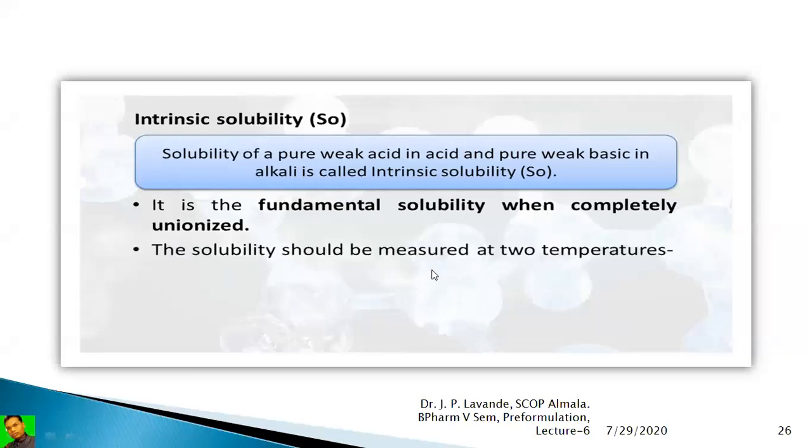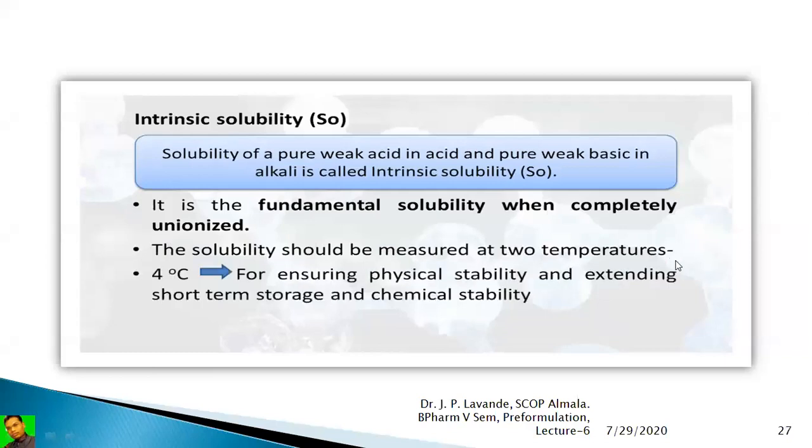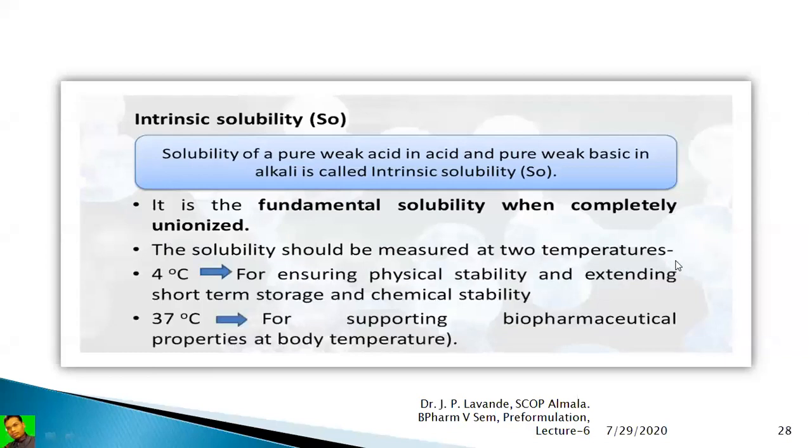The solubility should be measured at two different temperatures. One is at 4 degrees Celsius and the second is at 37 degrees Celsius. It is necessary to measure the intrinsic solubility at 4 degrees Celsius in order to ensure the physical stability, extending the short-term storage and chemical stability.